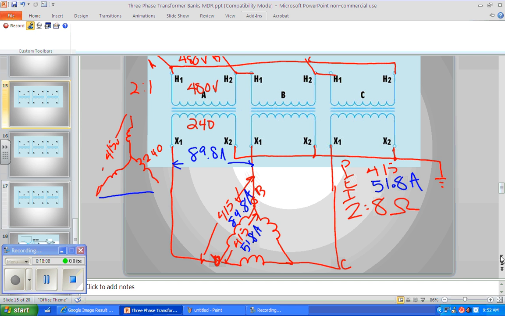So what's our current right here on our secondary winding? 89.8 amps. Just a 2-to-1 step down, right? So what is our current up here? This times this, 240 times 89.8, has to be 480 times the current in the primary, right? So it's half this. Everybody agree with that? What is half of 89.8? 44.9. Thank you. 44.9.